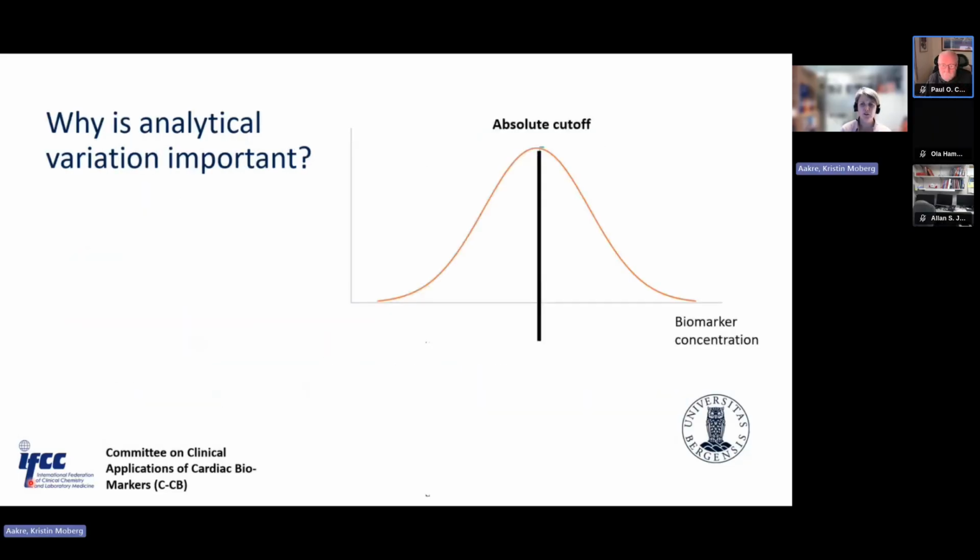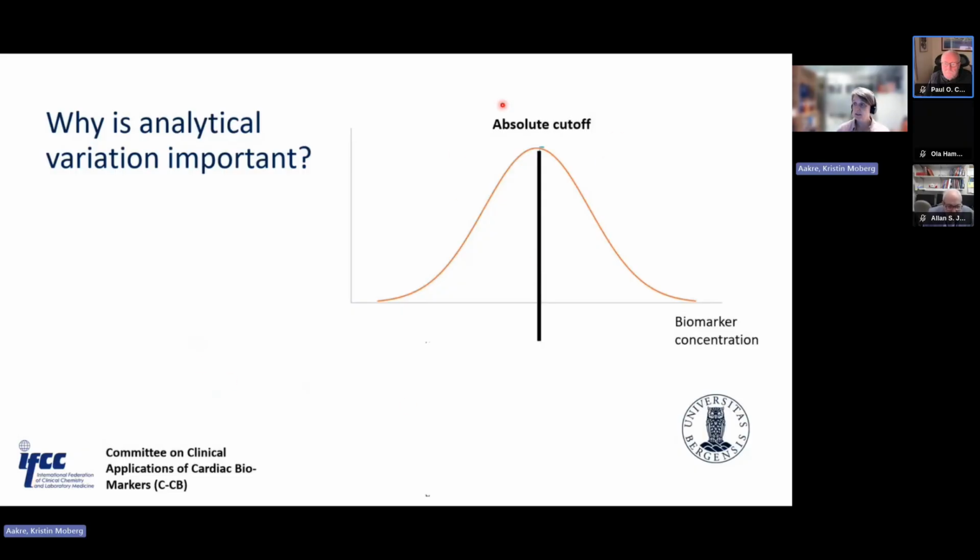So why is analytical variation so important, and why do we want it to be as narrow as possible, or at least as narrow as needed for the biomarker to have a good clinical performance? Well, here is an example.